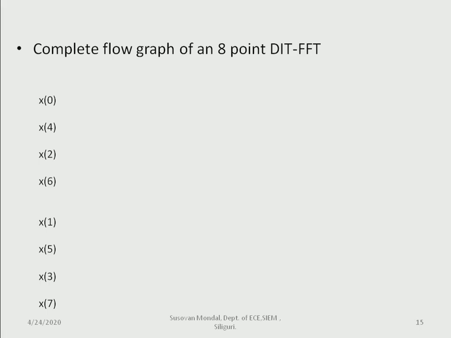So please go through all these equations in detail, then you will have a clear idea why I wrote x of 0 then x of 4. In the first stage, the associated twiddle factor is W8 of 0.